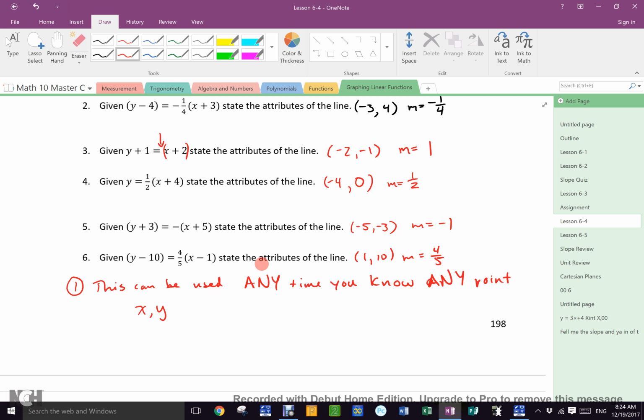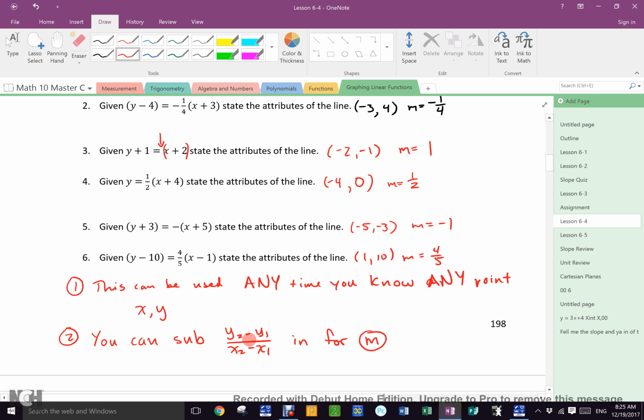All right. And the second thing I want to remind you of when we are doing this is you can sub y2 minus y1 over x2 minus x1 in for m.